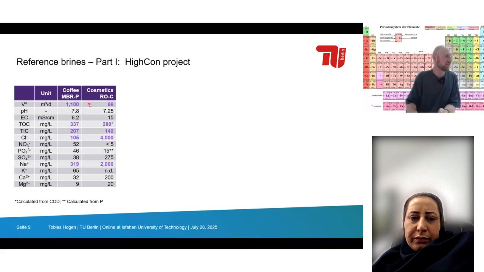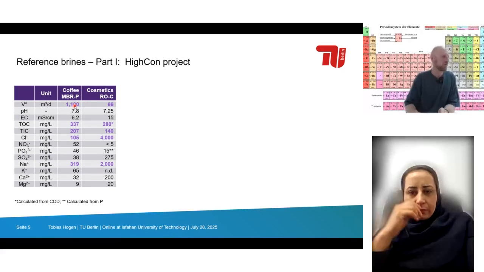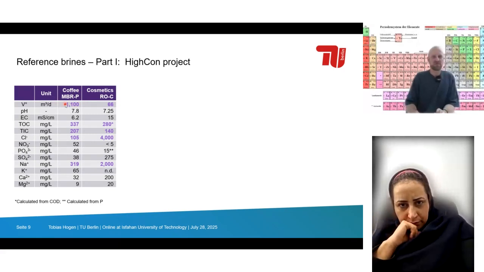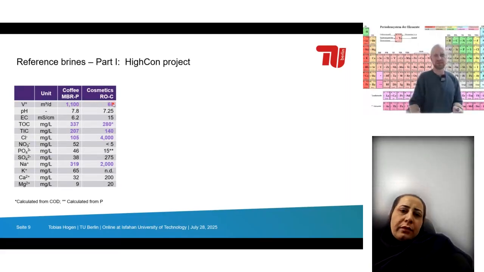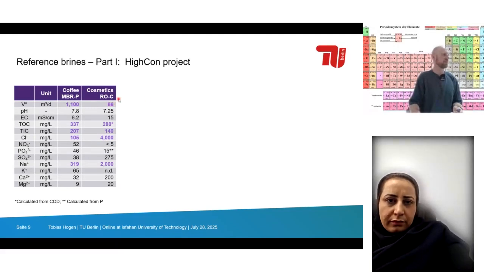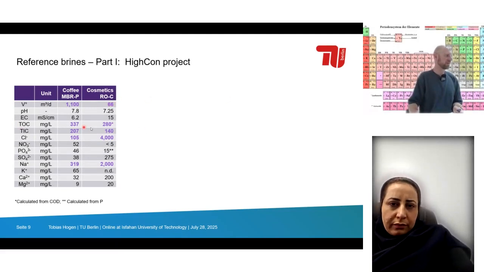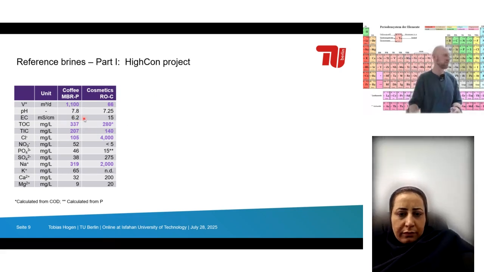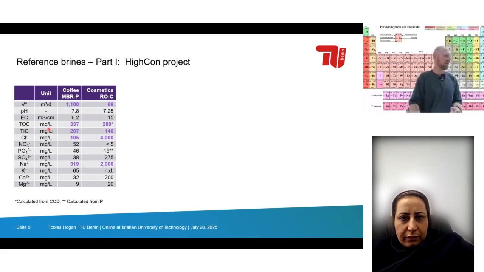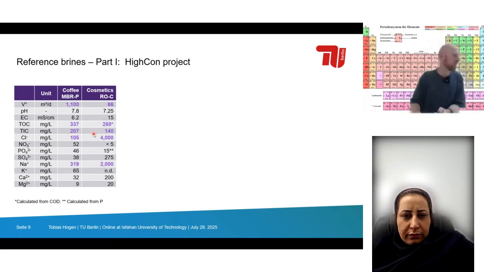One is the daily volume flow, in cubic meters per day. The coffee production, it's in Berlin, has an effluent volume flow of 1,100 cubic meters per day. In contrast, the cosmetics has 66 cubic meters per day. The next one is TOC, total organic carbon, both in a range of 300 milligram per liter. TIC, inorganic carbon or carbonates, 140 up to 200 milligram per liter.